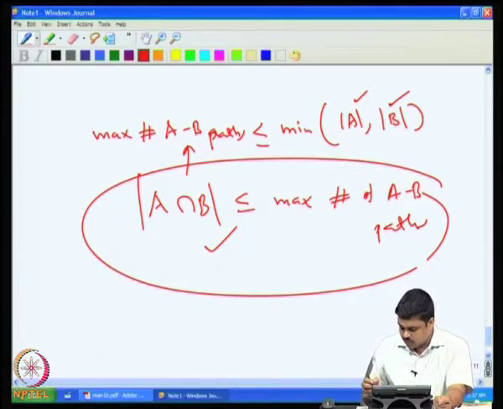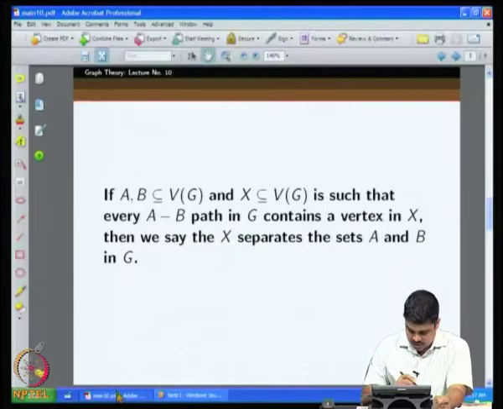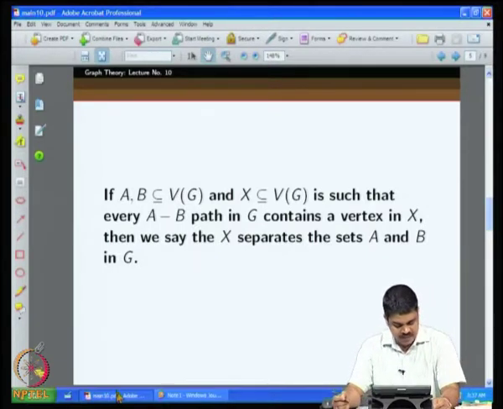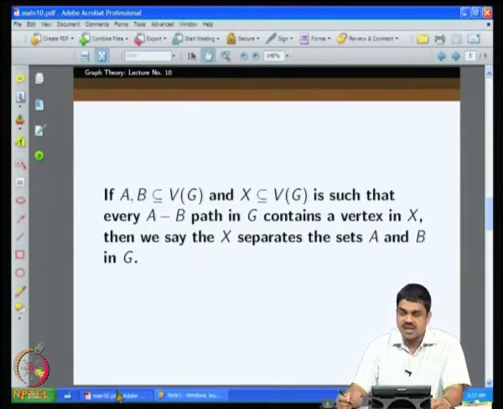We will come back to the number of AB paths a little later. We will first look at another concept here. Given A, B, like earlier, I am not assuming that A and B are disjoint.